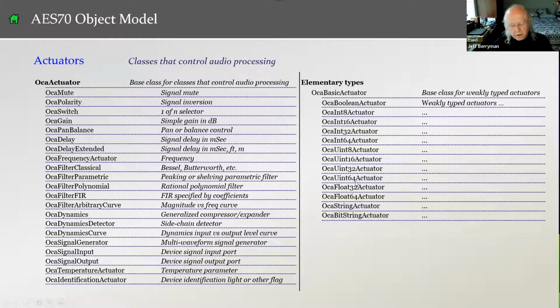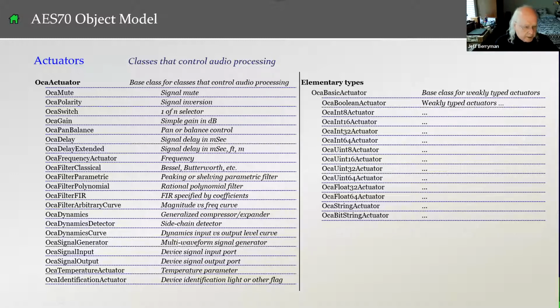You know, if the device has panel illumination brightness control or something that isn't reflected in any of these classes, you can just define yourself a floating point 32 number or an 8-bit integer, whatever you want, that controls the panel illumination brightness. So those are all the actuators.